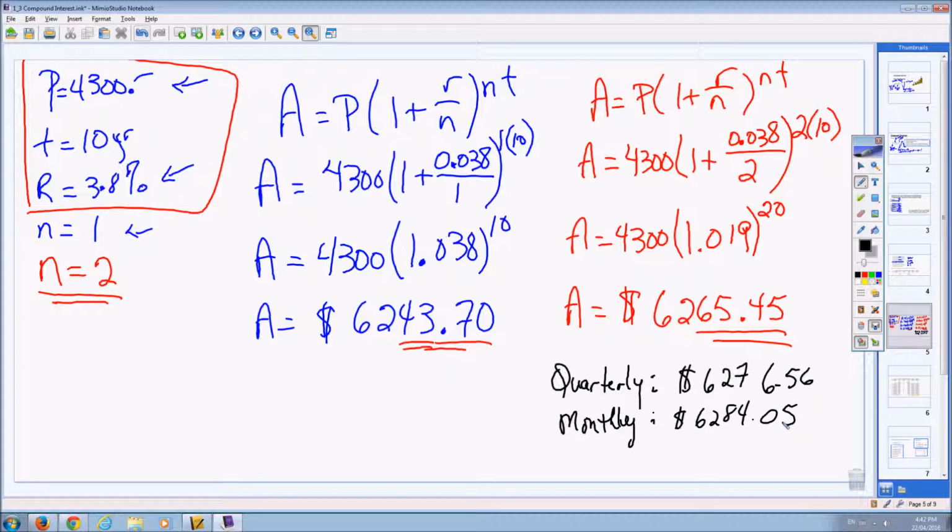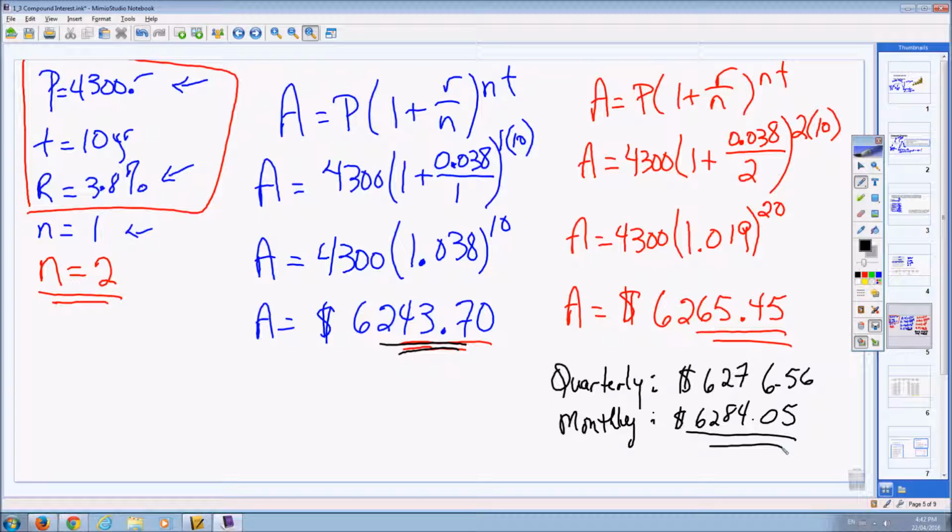So you can see that if you can get that same interest rate with more compounding periods, it's worthwhile. She starts seeing to get up there to almost $40 more if she could get the higher number of compounds per year while still at the 3.8%.